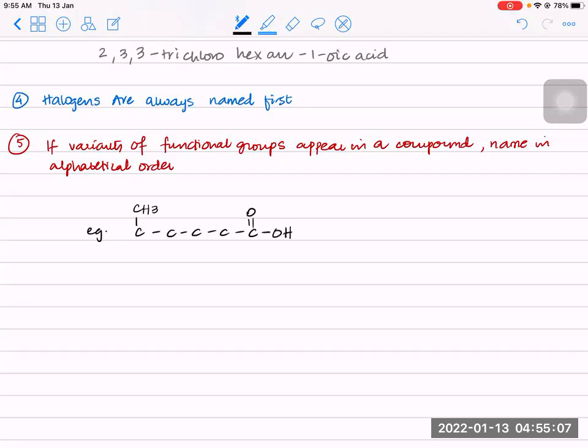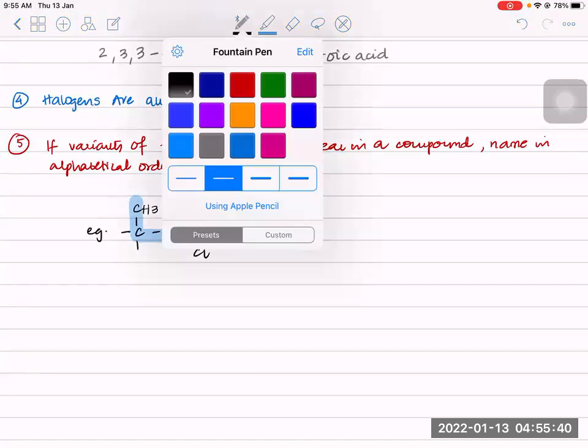So let's see, all right, let's pick the longest chain. 1, 2, 3, 4, 5, 6. The longest chain is 6 carbons. So this is your longest chain or the parent chain.